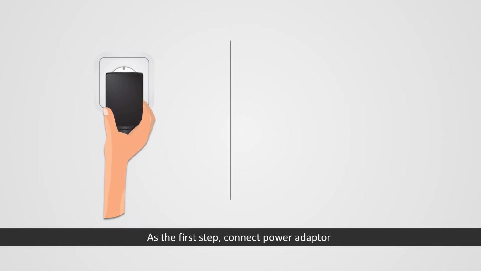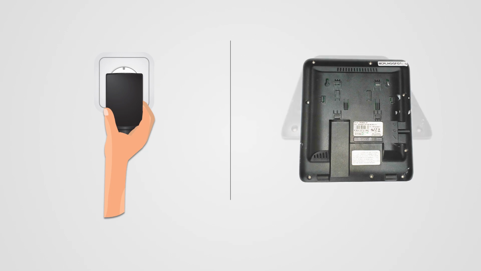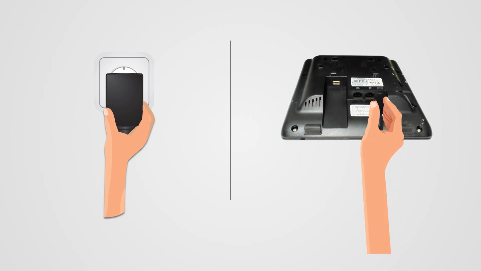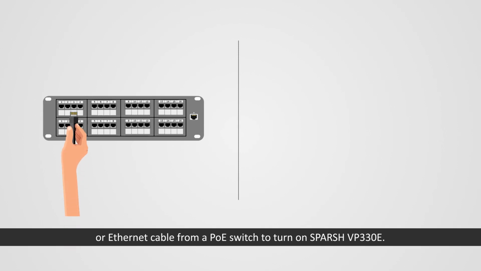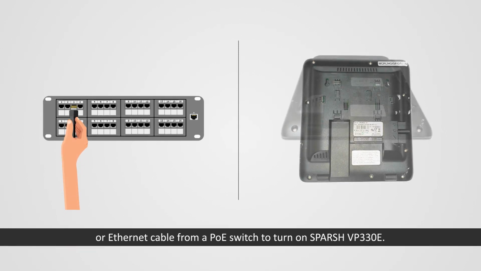As the first step, connect power adapter or Ethernet cable from a PoE switch to turn on SPARSH VP330E.